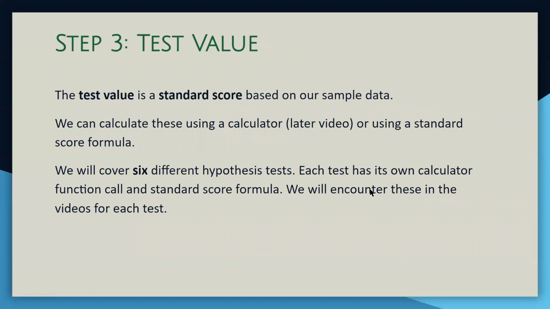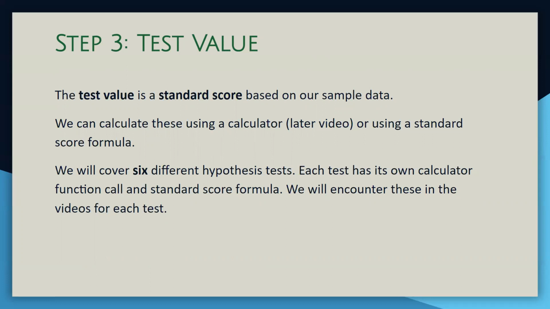Step 3 is where we have to do some calculation. So the test value is a standard score based on our sample data. It's either a t-score or a z-score, depending on which type of test we're running. We can calculate these using a calculator or using a standard score formula, and we've seen those before.